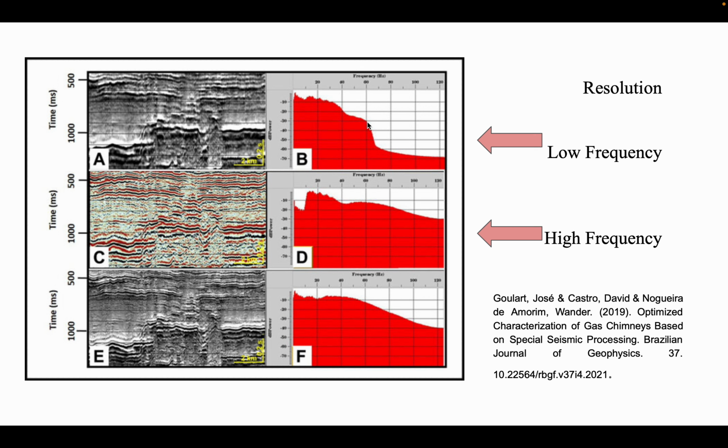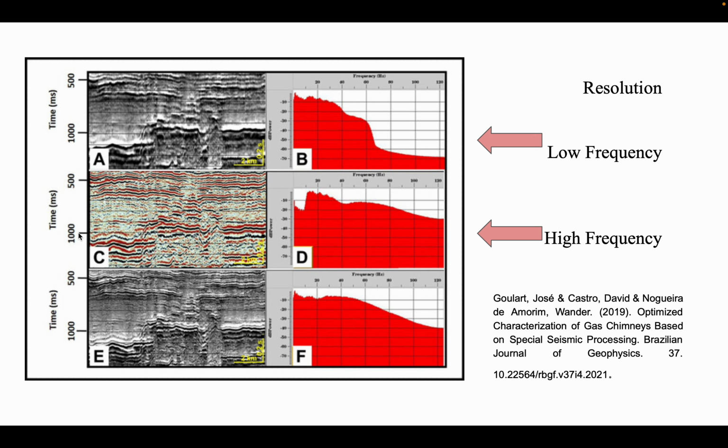And as we increase the frequency content in the signal using the inversion algorithm, we have well log data and we have seismic data, and we combine both of them during inversion to enhance the frequency content of the seismic signal, and this is what we get.